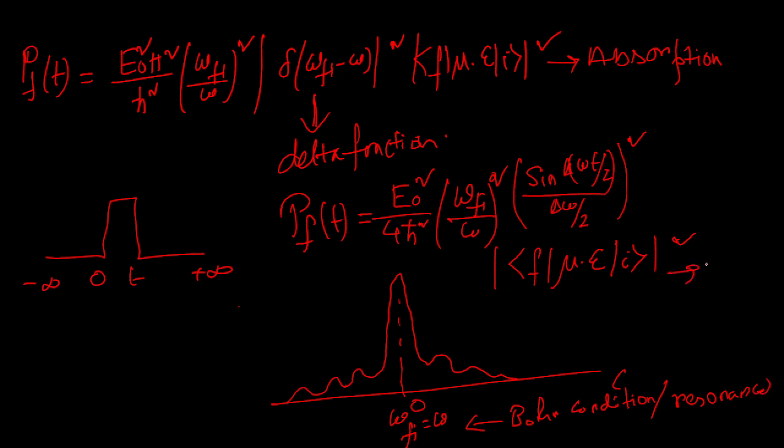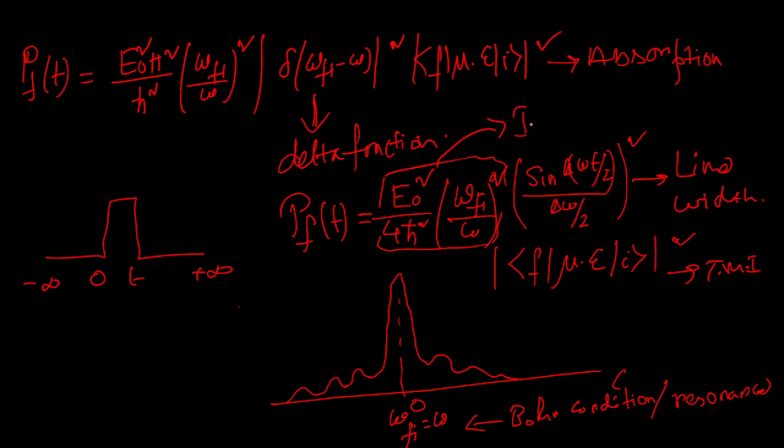So this gives us the TMI, and that will give you the line shape. Line shape means line width, and that will give you intensity.